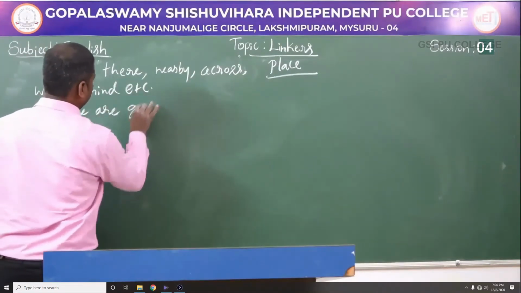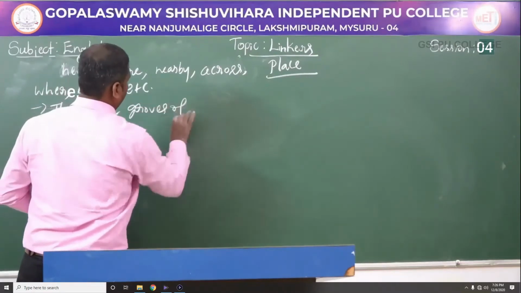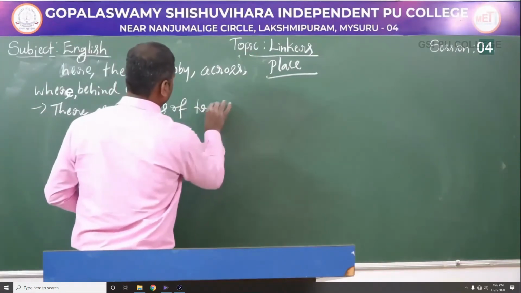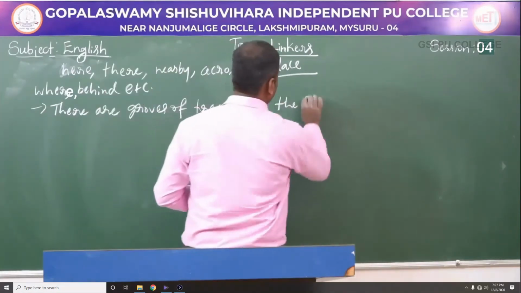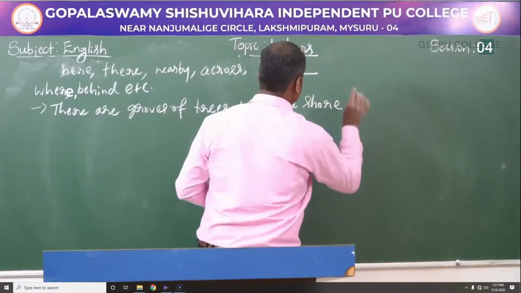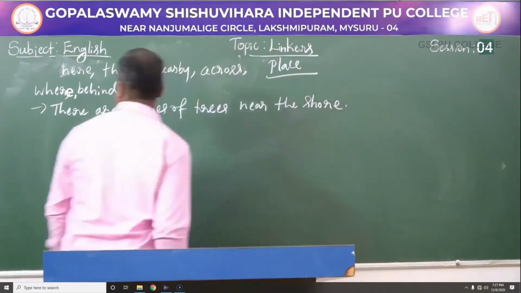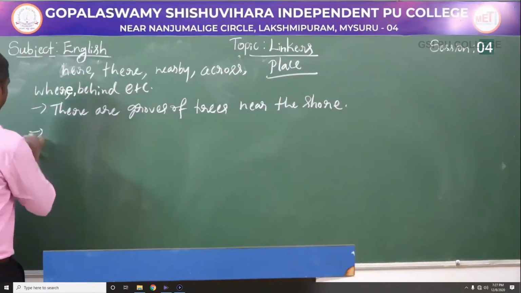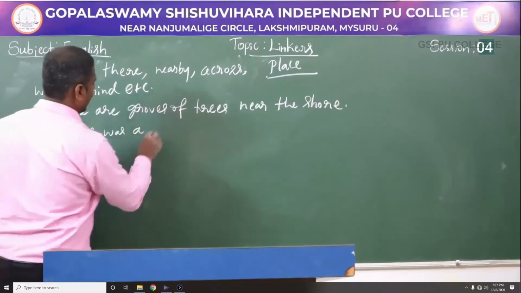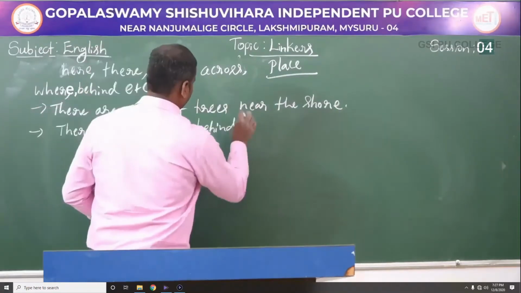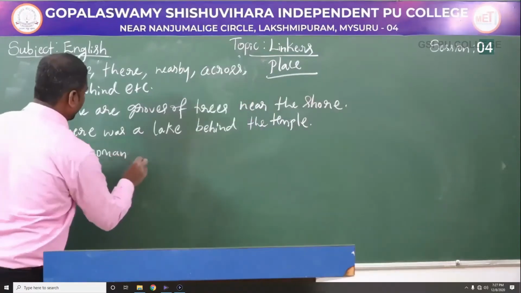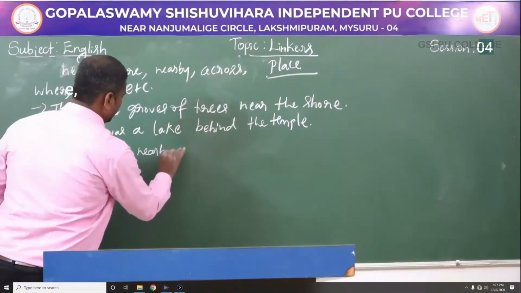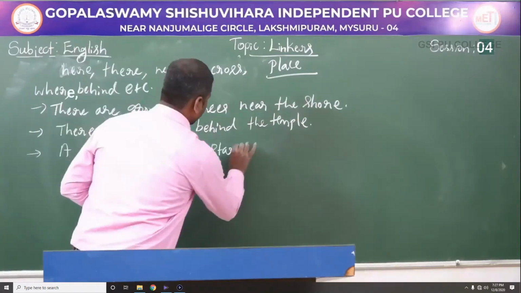There are groves of trees near the shore. Similarly, in the next sentence, there was a lake behind the temple. A woman nearby is staring at her.